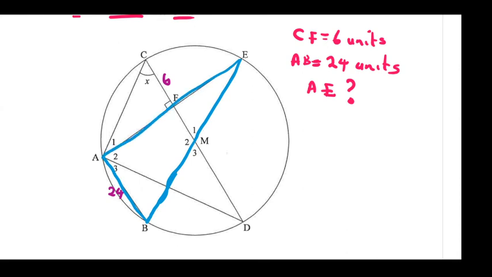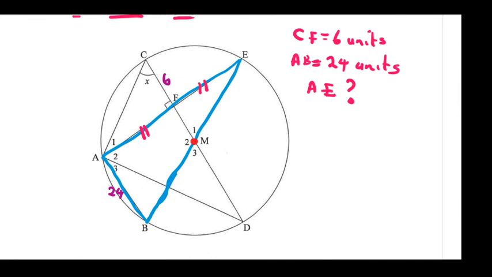Take a look at this triangle AEB, right? You can see that FE is equals to AE, right? We've proven this in the previous question, right? That FE is equals to AF, right?